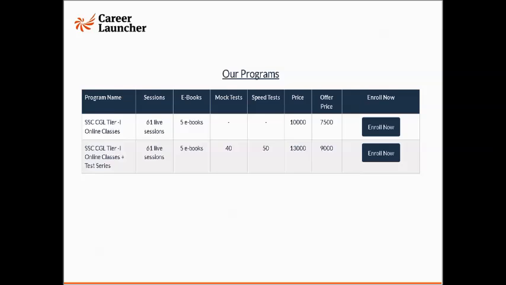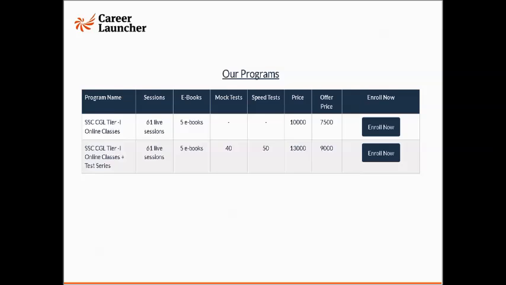In quant as well as in the other sections, we'll provide you concepts. This product is for beginners and also for those who have command over this, who have an idea about banking exams. We'll provide you concepts and the basic details. We'll cover the whole topics and the last year questions, because questions are repeated in SSC.